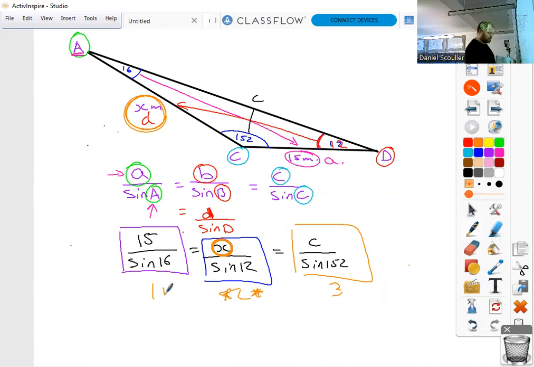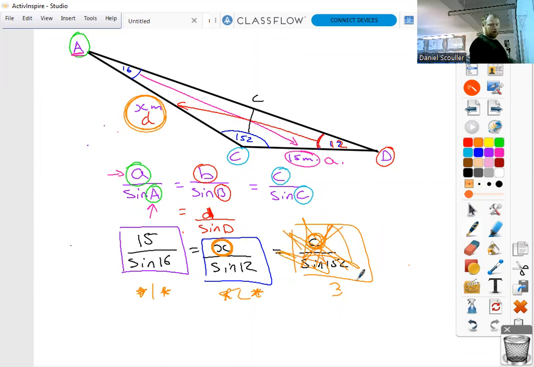The only other one that's complete is number 1. We can't use 2 and 3 because then there'll be two unknowns. We don't know the length of side c, so we can't use that if we want to find out part 2. So we have to use 1 and 2 here.